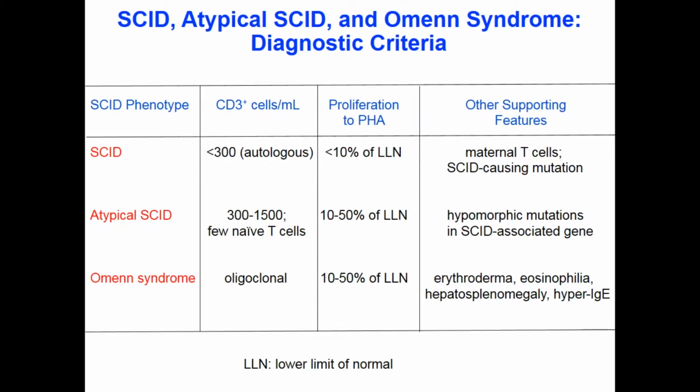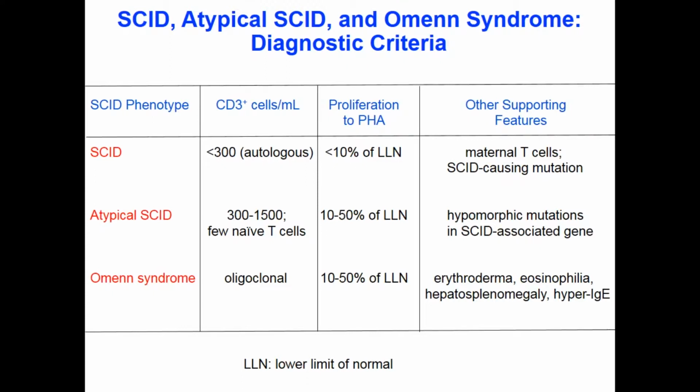The number of these T cells is less than 300 T cells in patients with SCID. You may see in brackets there autologous, because you may have also maternal T cells present in patients with typical SCID. If that happens, that actually is a sign of typical SCID. You also find SCID-causing mutations as another supporting feature.